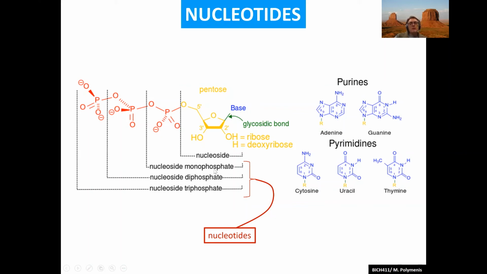And we've talked previously how, let's say, UTP is used to activate sugars, CTP to activate lipids, and so on and so forth. And adenylation and uridylation, all over the place to modify proteins and so on and so forth.